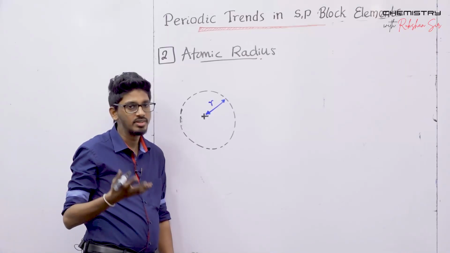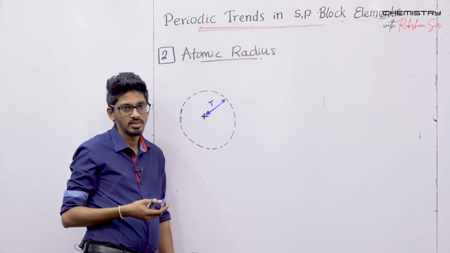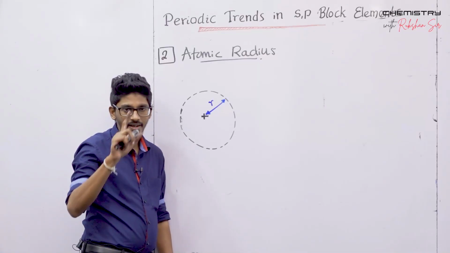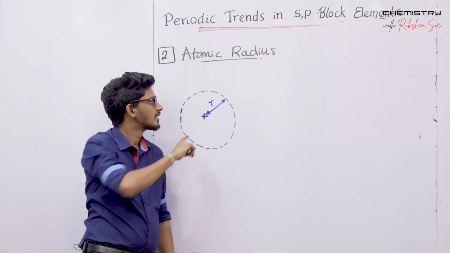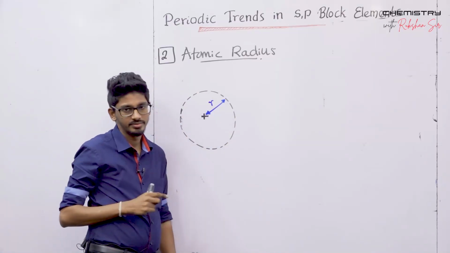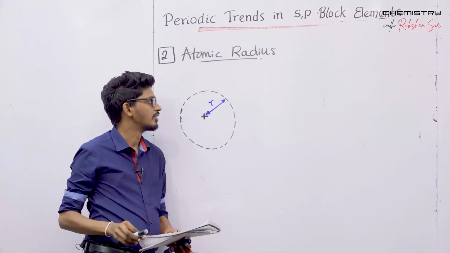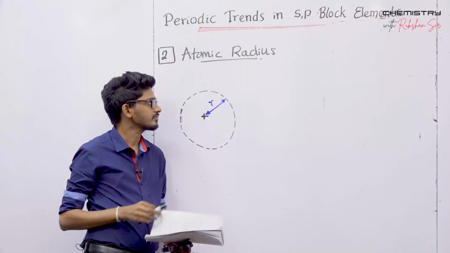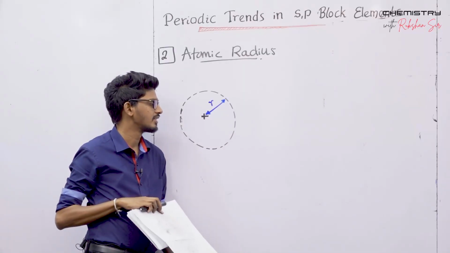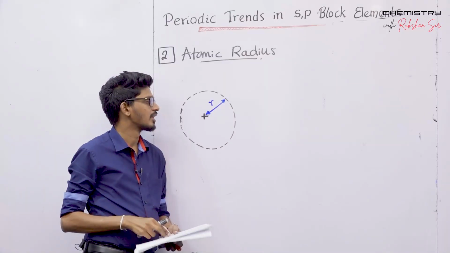Nowadays we know that for the atom we have a cloud model. So atoms are not with finely extracted boundaries. If you think of hard spheres, we can think of an exact boundary, but atoms are not like that.